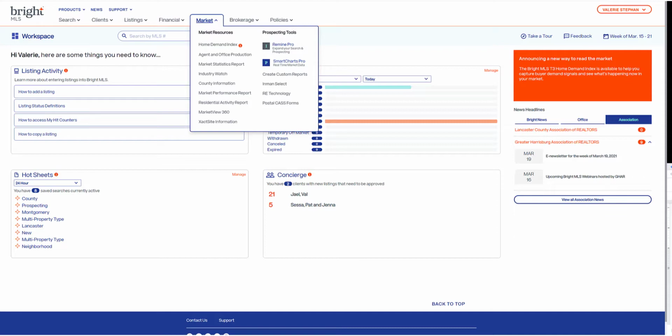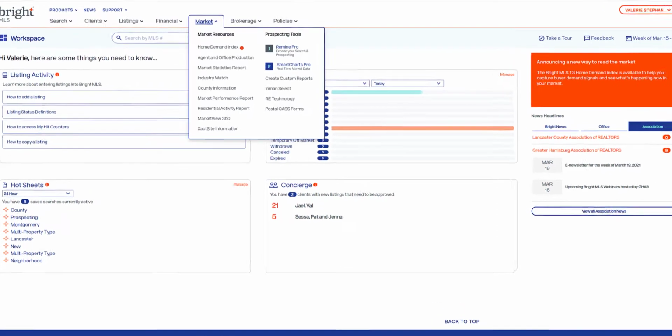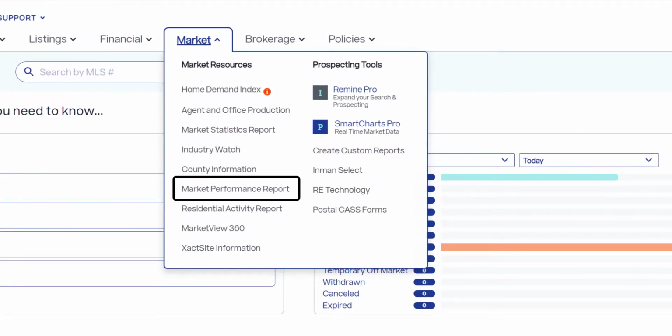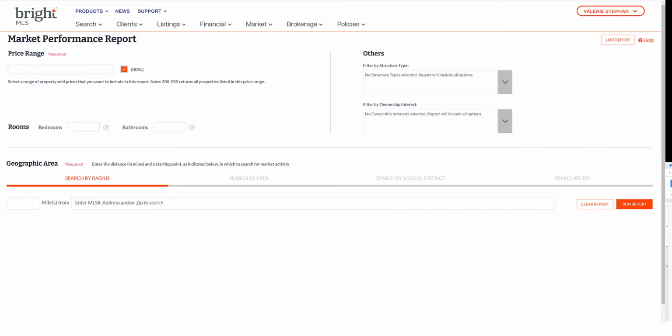Now, I will also make a pitch for using the market performance reports for drilling down even further, say to a specific radius within a market, an area around a particular property, using factors like beds, baths, home type, ownership, all sorts of things.